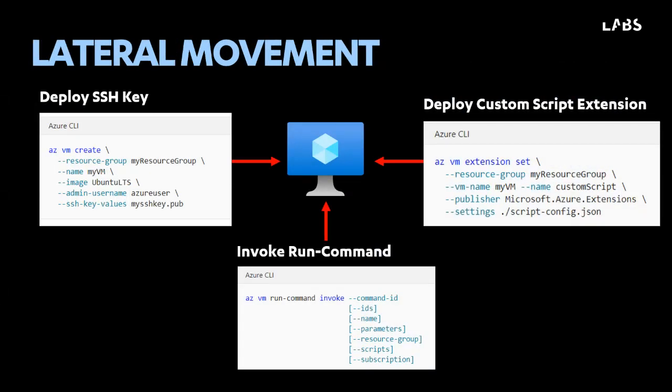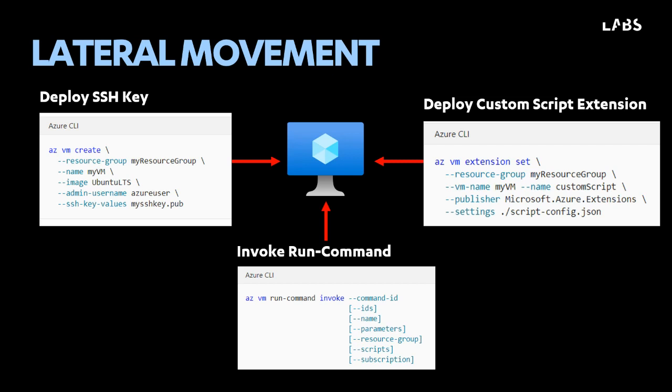So if we just look at some of the ways we can move laterally onto a VM, one way would be to deploy an SSH key. And then with us having hold of the SSH key, we can SSH into the box. Another method that's available to us is using invoke run command, which is part of the Azure CLI tool, which allows us to specify a script or a specific PowerShell or bash command that will run on our VM.